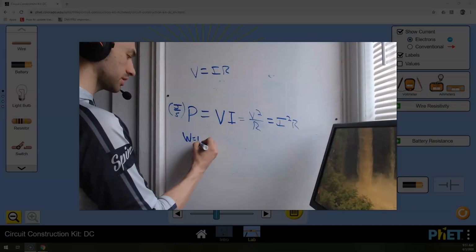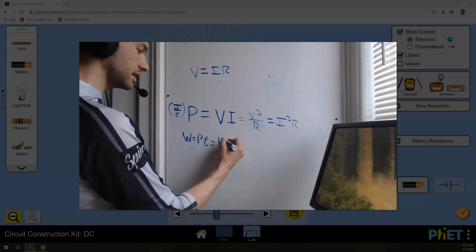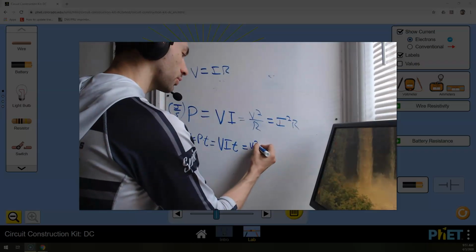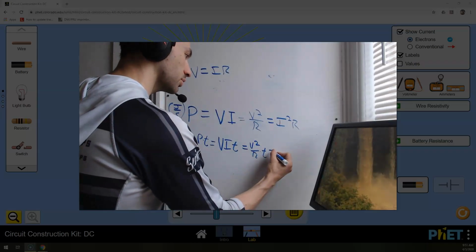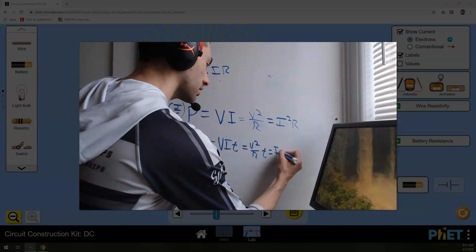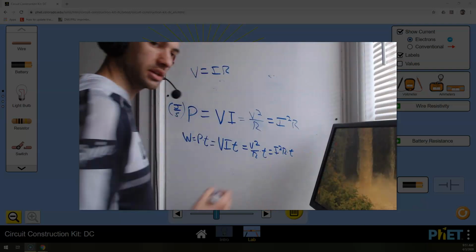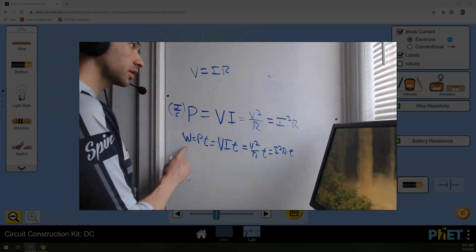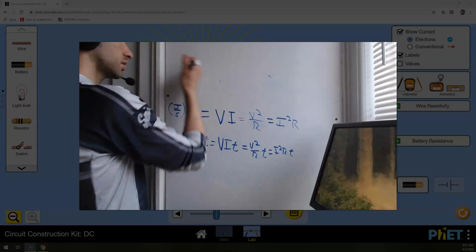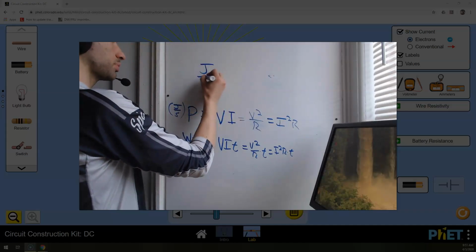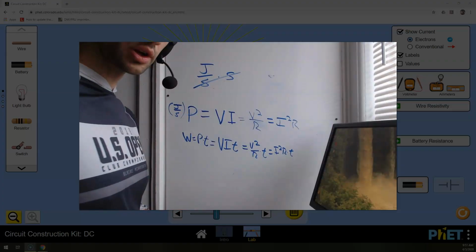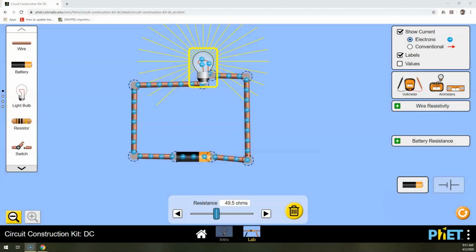So work is power times time, which would be VI times T, which would be V squared over R times T, which would be I²R times T. So any of these things times time will give you the work, because if I have a joule per second and I multiply by a second, I will be left with a joule.